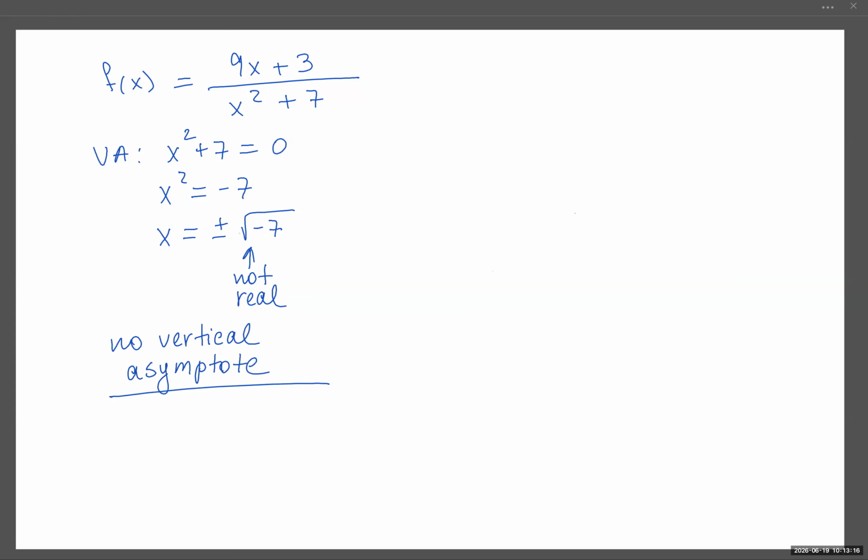Well, let's try the horizontal one. Horizontal asymptotes, so the degree on top in the numerator, but on top is just faster to write, is 1. The degree on the bottom is 2.